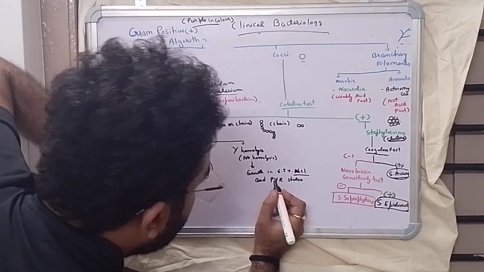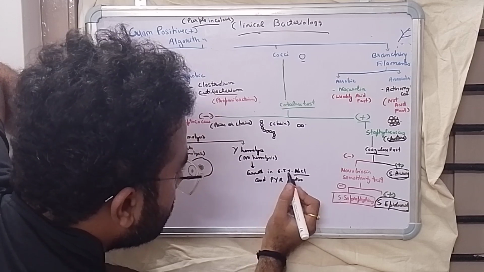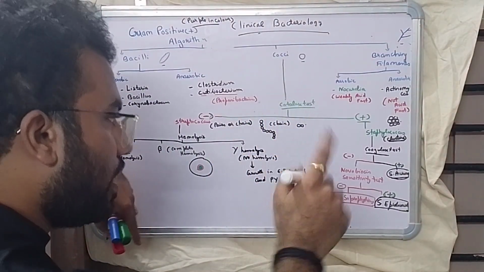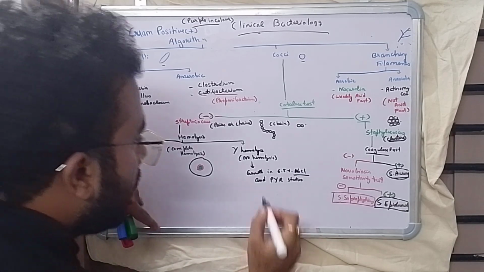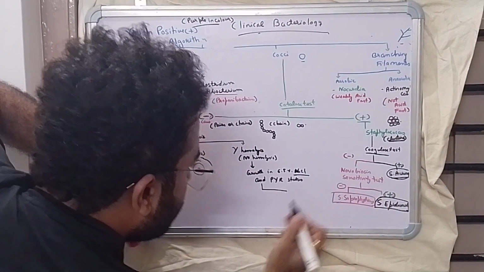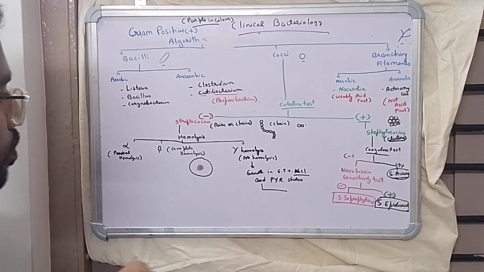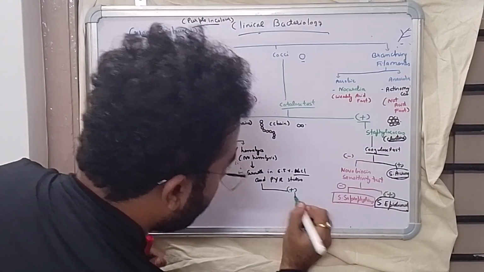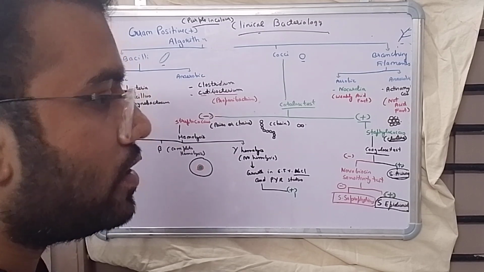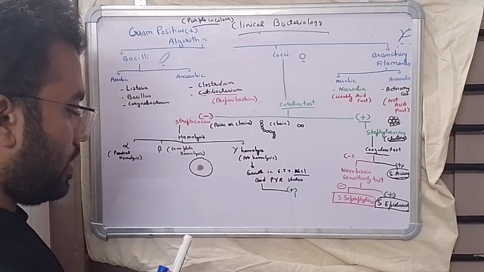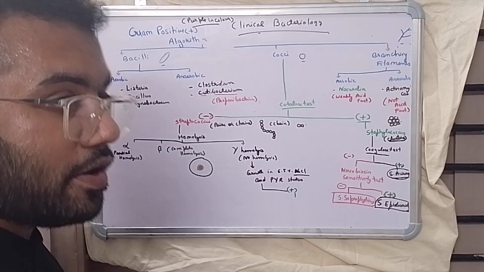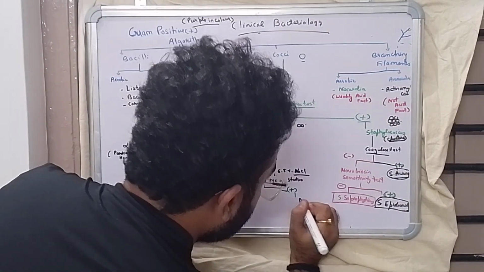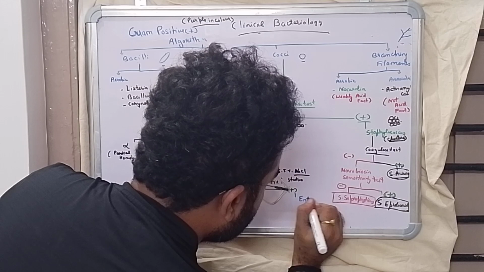So if the bacteria grows in 6.5% NaCl, is PYR positive and is gamma hemolysis, then the examples are Enterococcus, the famous bacteria name Enterococcus.